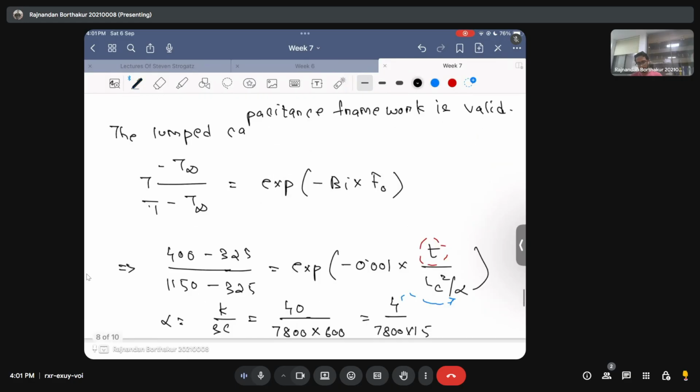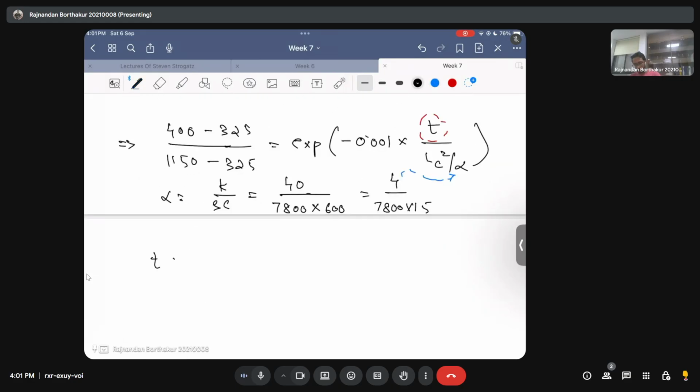If you just do this substitution and solve for t, which I will not do because you can do this in any standard calculator, your t will roughly come out to be 0.312 hours, or it will come out to be 1122 seconds. Okay, that's the time.